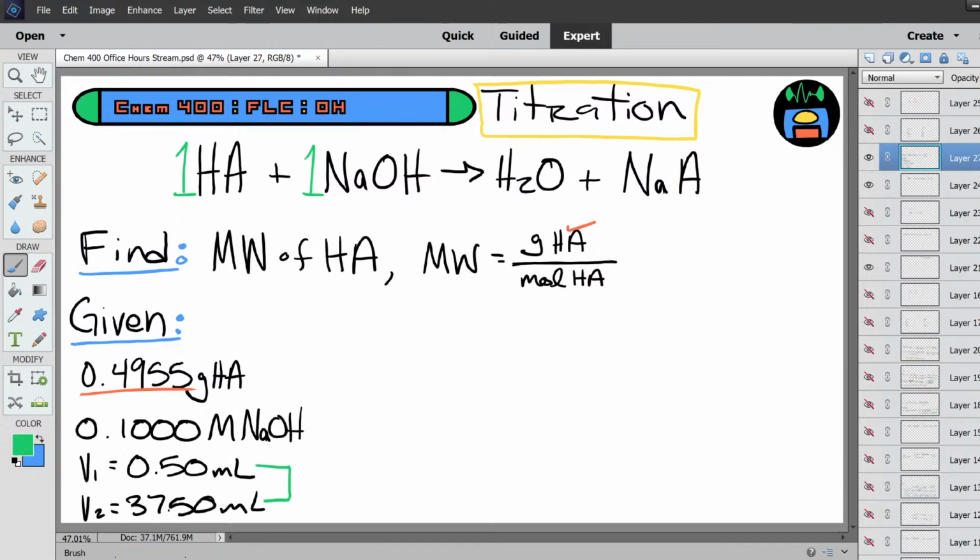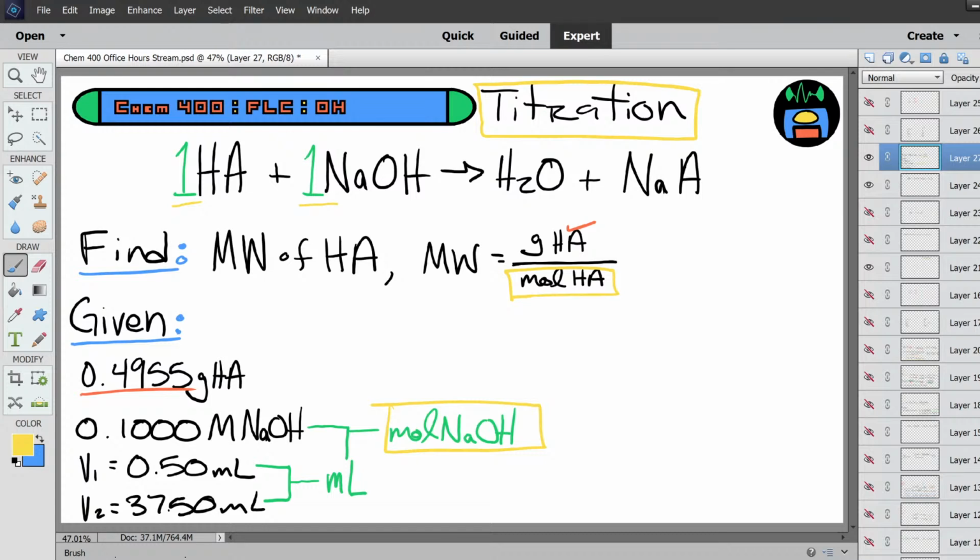So these two together will give us milliliters of sodium hydroxide, which combined with the molarity can give us moles of sodium hydroxide, and that is where we will use our balanced chemical equation to find moles of HA.